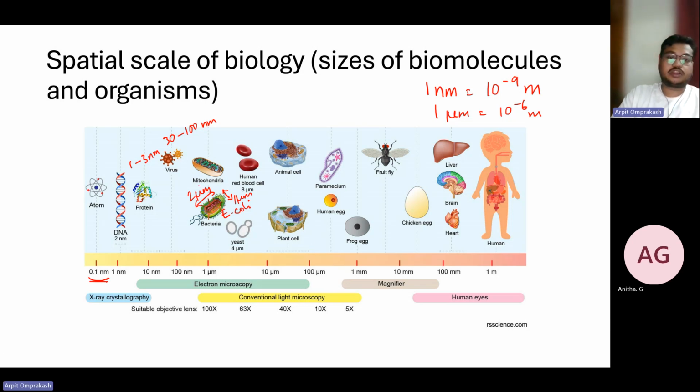Then we have mitochondria, which also has a size similar to E. coli. Then we have yeast, which is around 4 micrometers, human red blood cells, which are around 7 to 8 micrometers, so approximately, let's say, 10 micrometers. Right, if you have trouble remembering 7 or 8, you can do this.